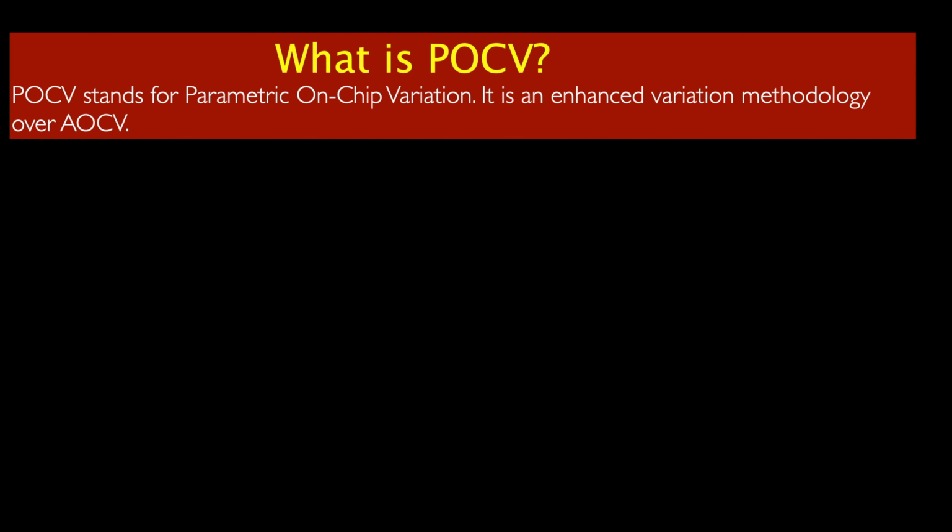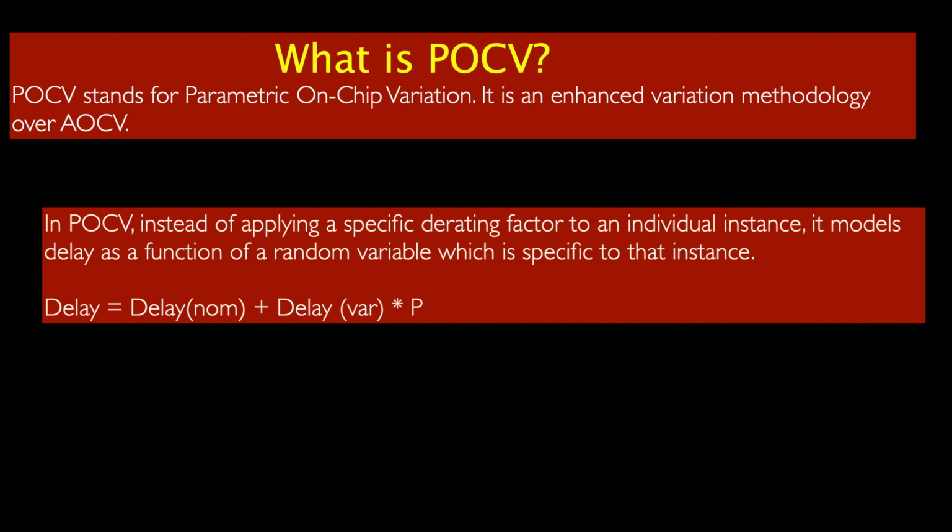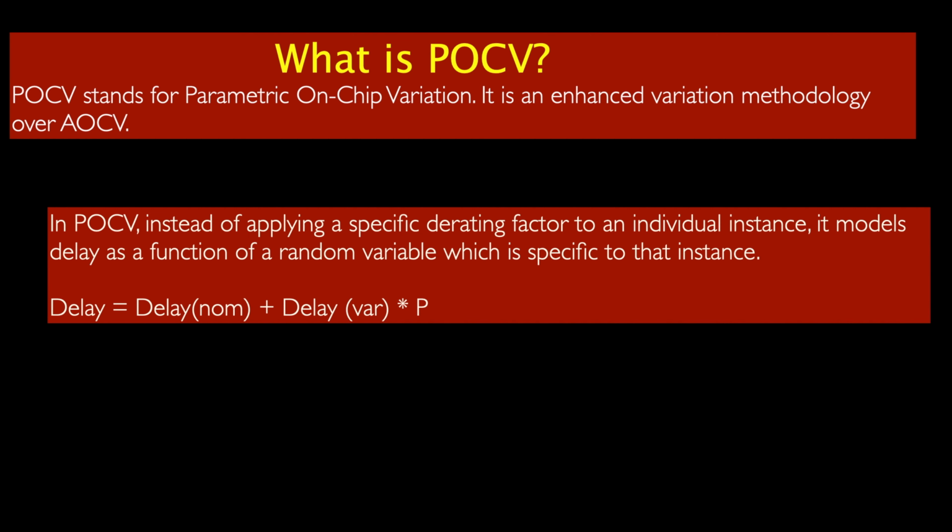So what is POCV? POCV stands for Parametric On-Chip Variation. It is an enhanced variation methodology over AOCV. Basically in POCV, instead of applying a specific derating factor to an individual instance, it models delay as a function of a random variable which is specific to that instance.